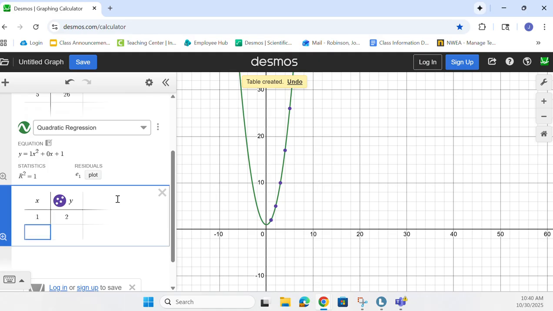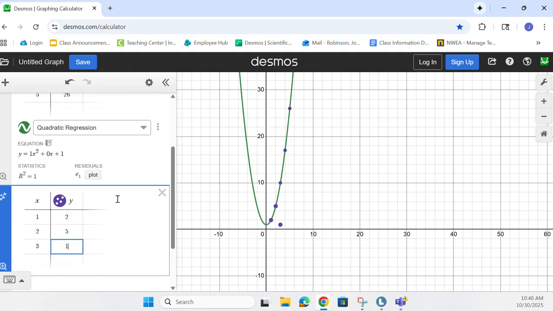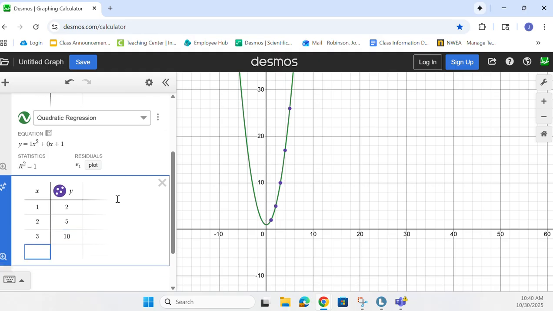After I enter a few more values, I can press this little flag button under the 2. So press the flag next to the entry to get the equations.